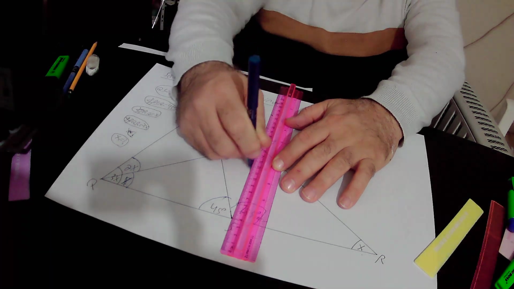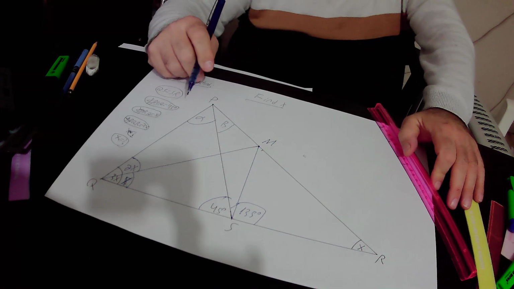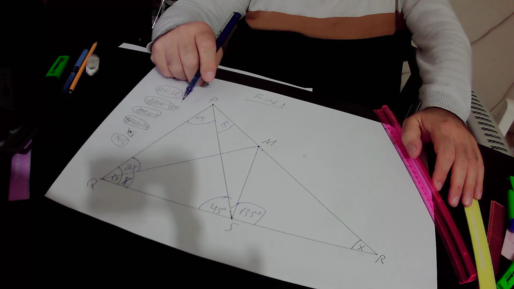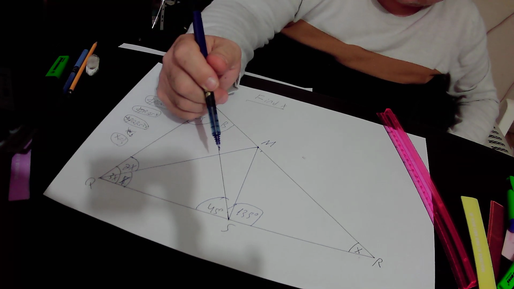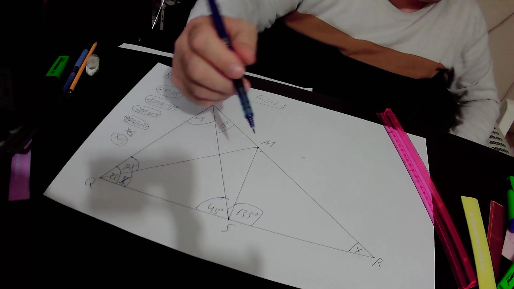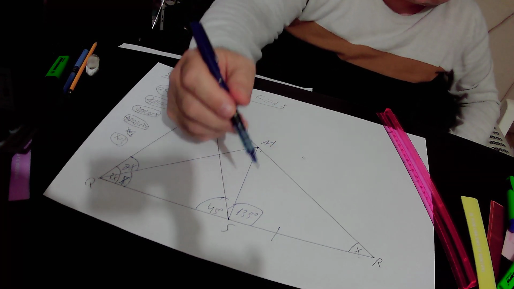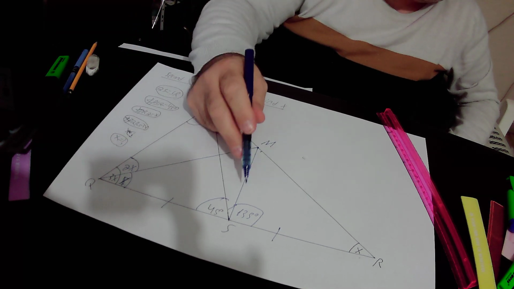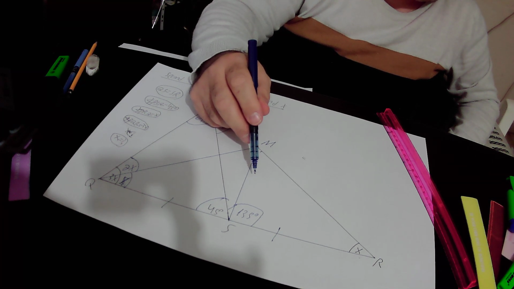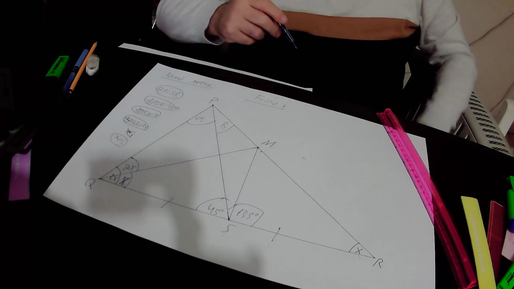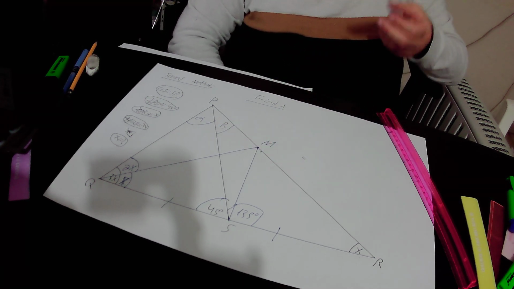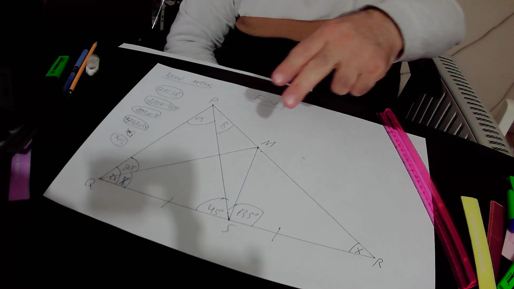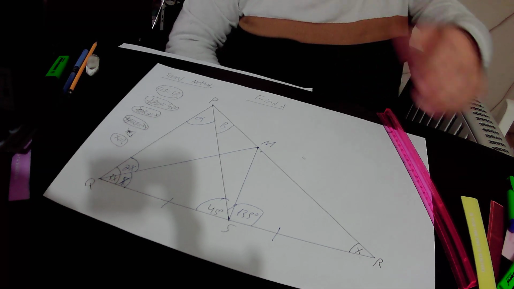The line segment MS is the median of the isosceles triangle QMR. It is the median that bisects the base of the isosceles triangle QMR into two equal parts, because we know that according to what is given in the question, QS equals SR. But according to rule number 3, it not only bisects the base of the isosceles triangle QMR, but it is also perpendicular to the base.